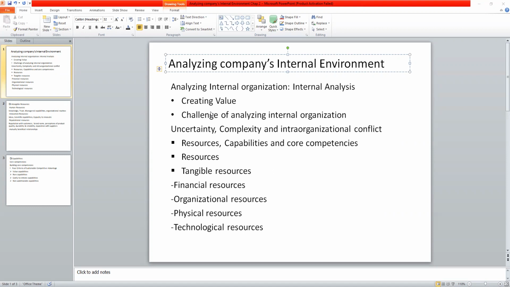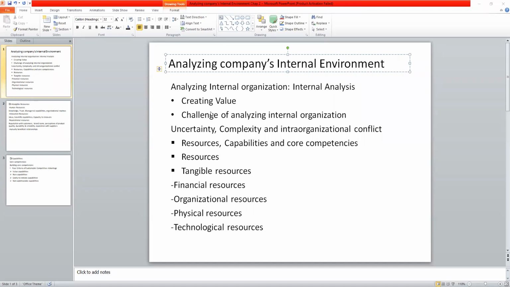Analysis of the firm's internal organization requires the managers, or those who are evaluating the firm, to understand the firm's portfolio of resources: what exactly are the resources of the organization or the company, and the capabilities which the managers have created with reference to these resources. Each and every individual firm possesses some resources and capabilities that the competitors or other companies may not have.